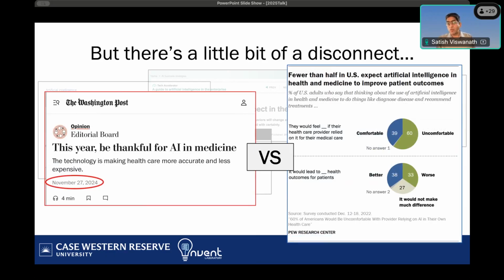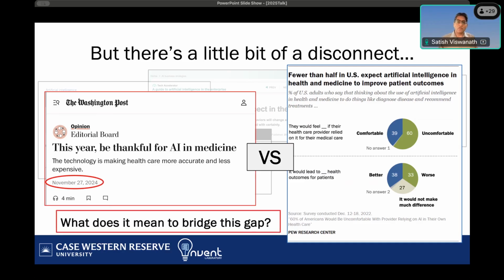They think it's actually going to be worse overall. So there's this disconnect between what we as scientists, as researchers, as people working in the AI domain see or believe or would like to envision versus what the patients who are being impacted by the use of these technologies may be feeling. And there is a need to bridge this gap.